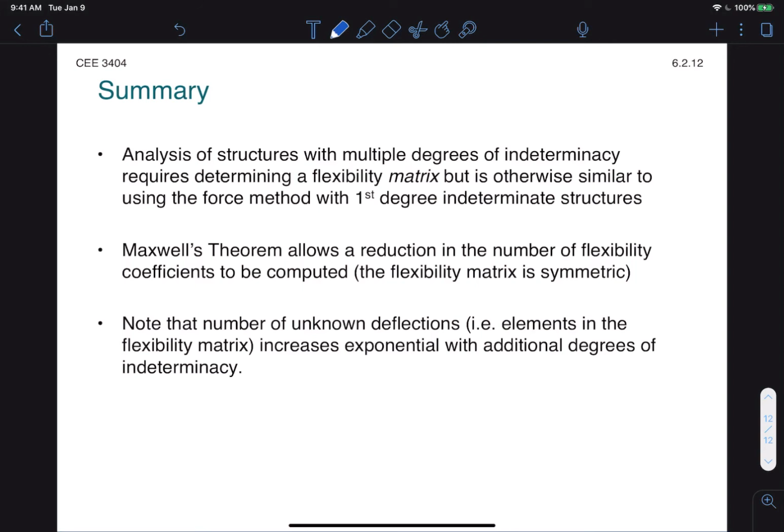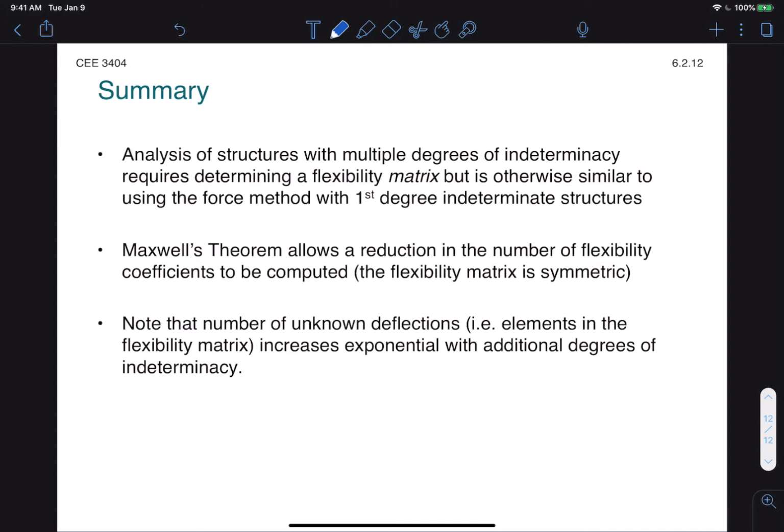So each one affects the other, right? So they all need to be taken into account in the compatibility equations. And then we also learned that Maxwell's theorem is a nice convenient property for these systems of multiple indeterminacy, and you can use that to save you some work.